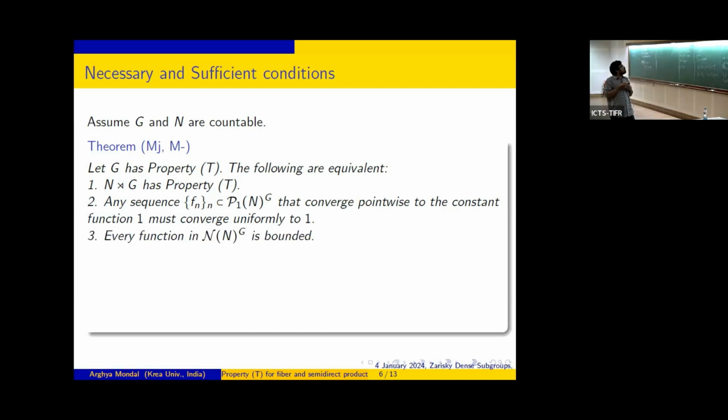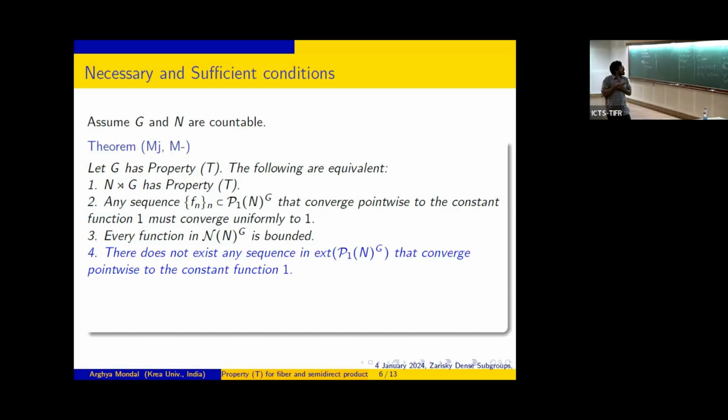And then, I have not defined this. These are functions conditionally of negative type, and they basically correspond to isometric actions on Hilbert spaces. It's like a GNS correspondence in that context. And here the result is that if you take such G invariant functions, then they have to be bounded.